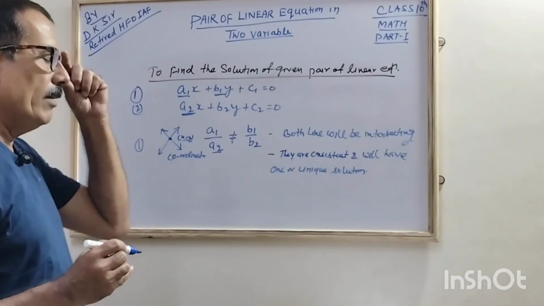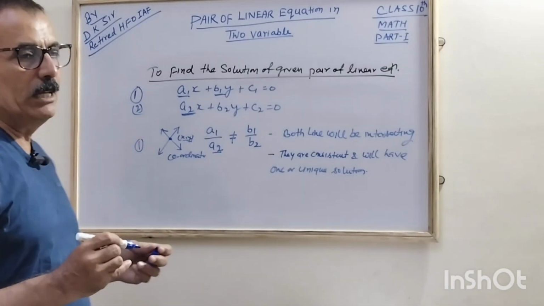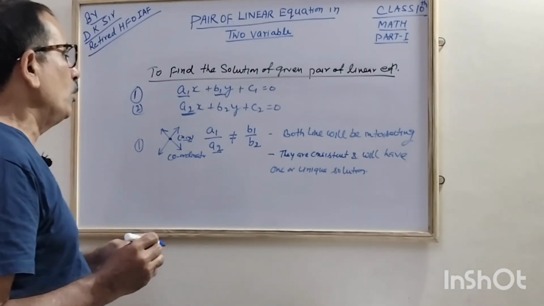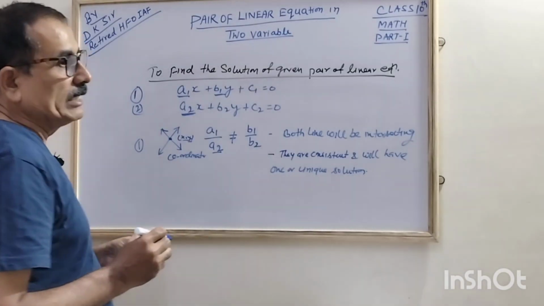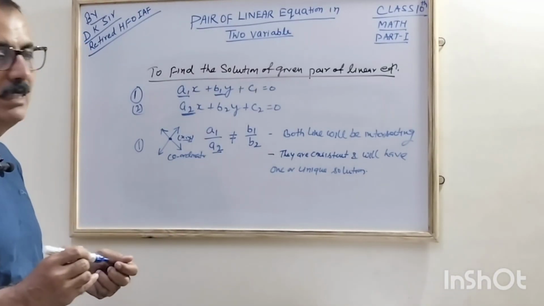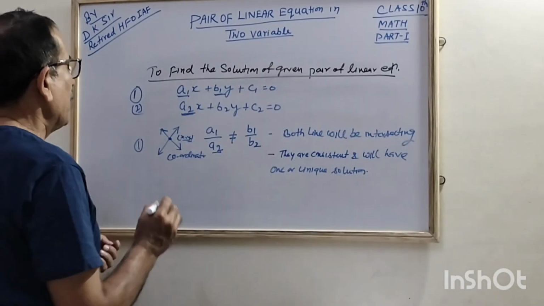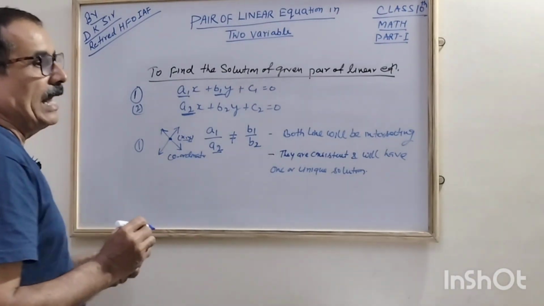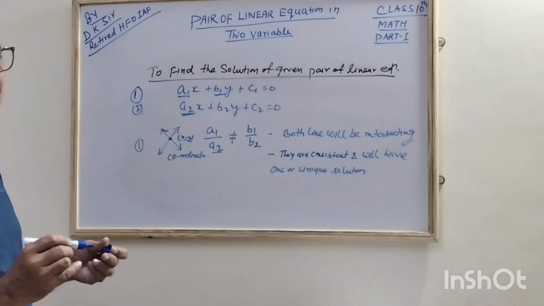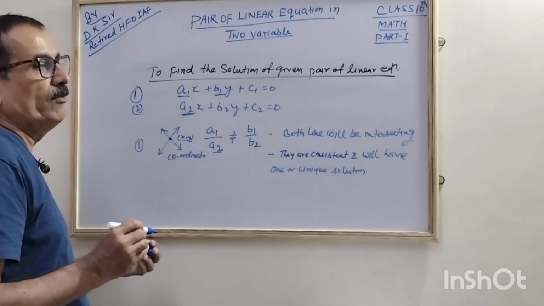If a1 by a2 is not equal to b1 by b2, both lines are intersecting, hence they are consistent. They will have only one value of x and y, wherever they are intersecting.